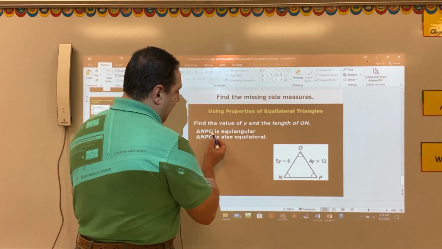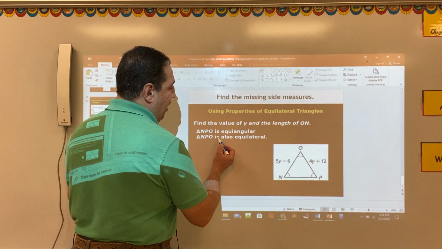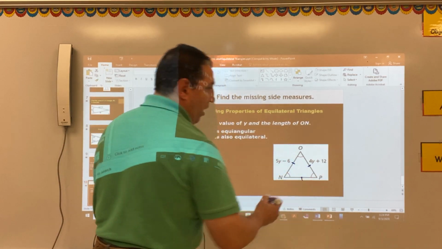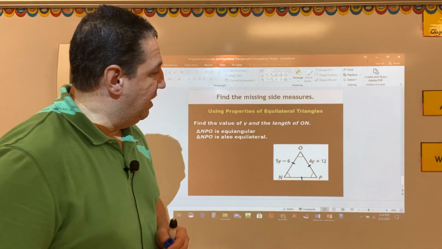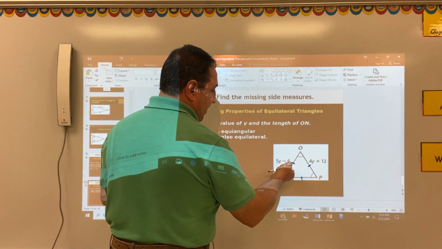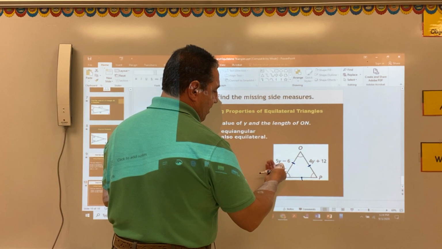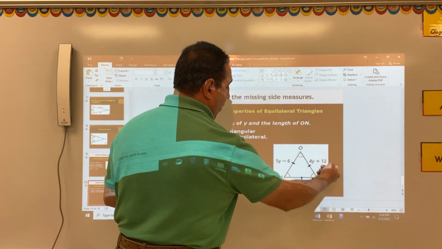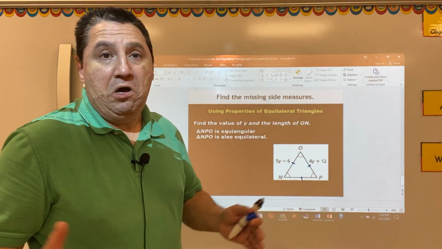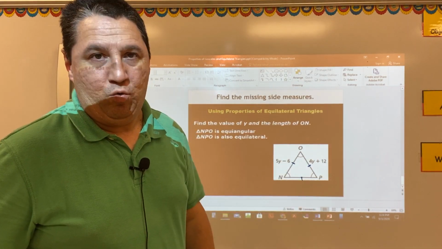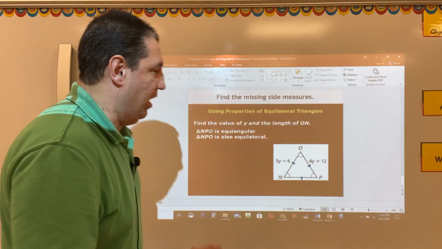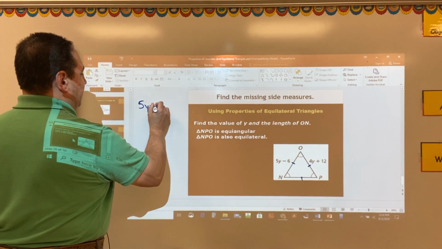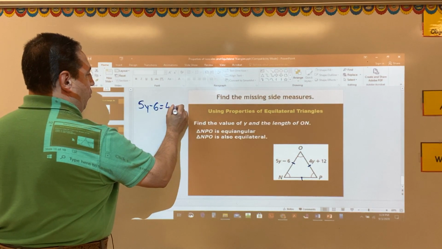We know this triangle is equilateral, which means all of its sides are congruent. Because the length of this side is 5y minus 6, and the length of the other side is 4y plus 12, all we need to do is to make them equal and solve for y. So, let's do that. 5y minus 6 equals 4y plus 12.